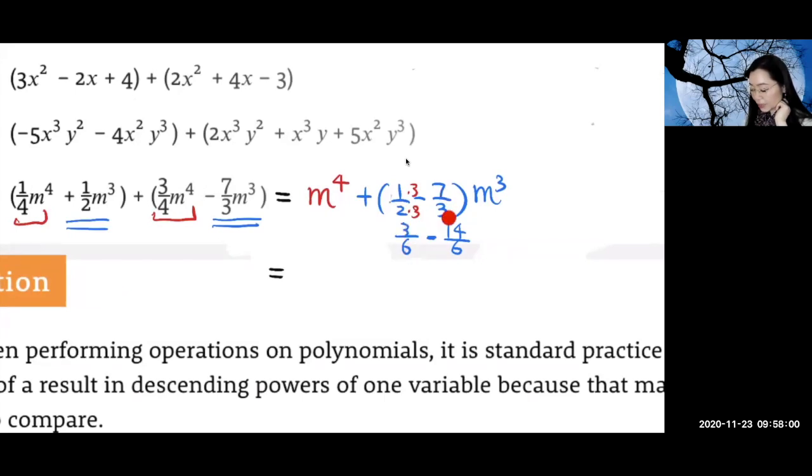And for this one, to convert the denominator to 6, you multiply by 2 up and down, so you got 14/6. And then 3 minus 14 is negative 11. So it's negative 11/6 m cubed over here, and this is m to the 4.